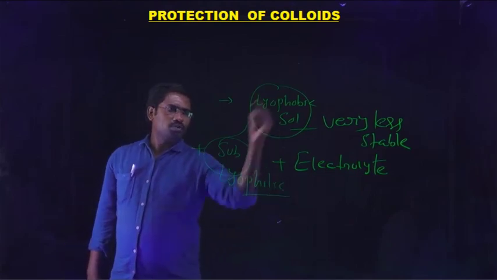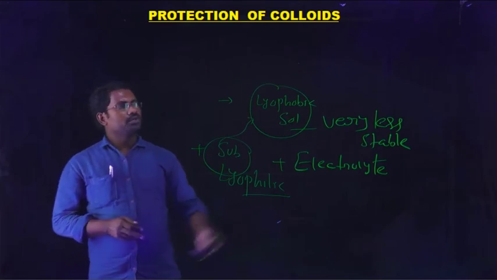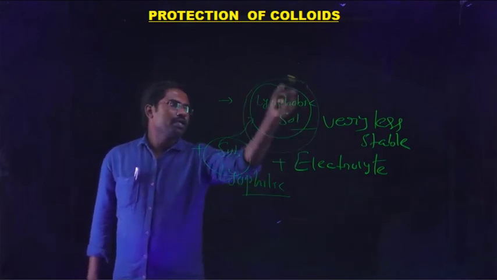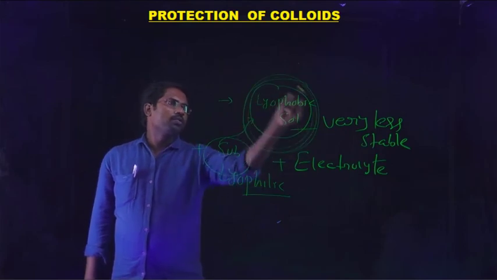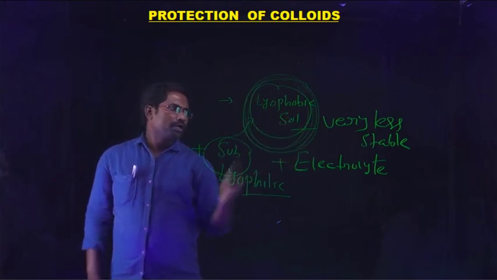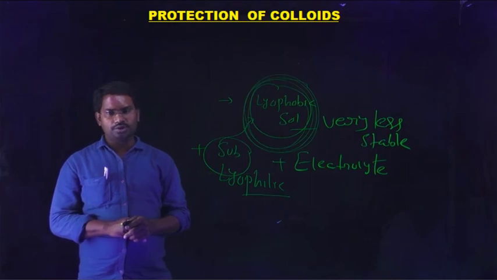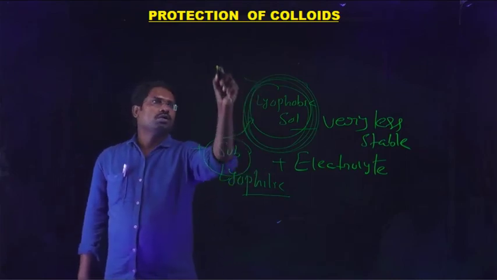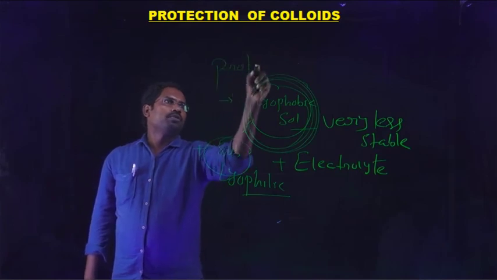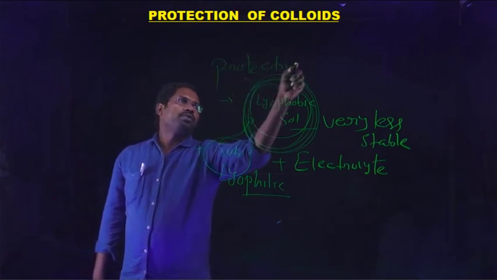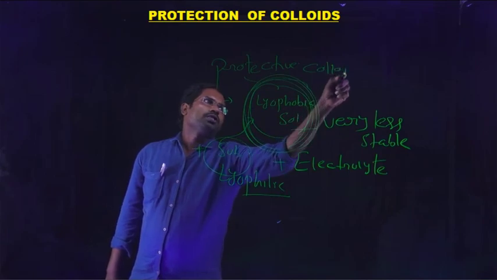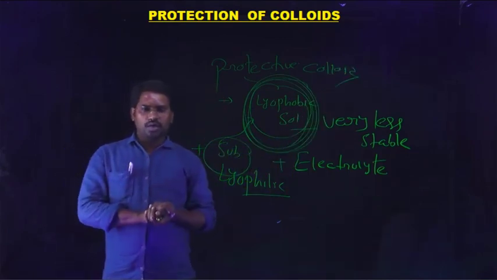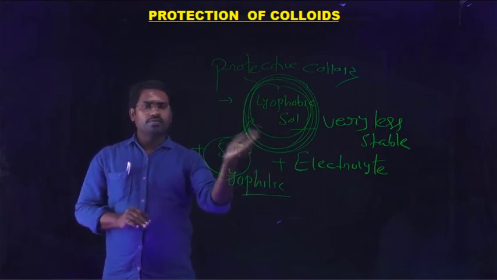When a more stable colloidal solution is added to the less stable colloidal solution, it is able to form a separate layer around the less stable colloidal solution to protect it from the coagulation process by the addition of an electrolyte. This is known as the protective colloid. So this is the way of stopping the coagulation process by the addition of an electrolyte.